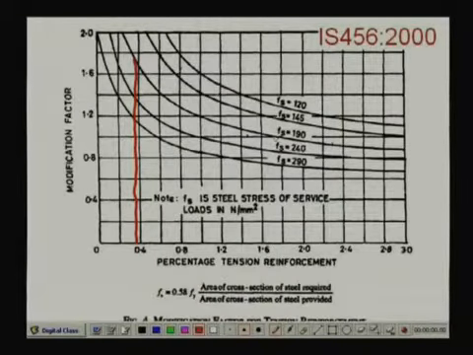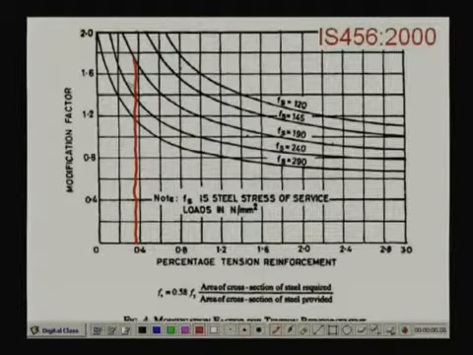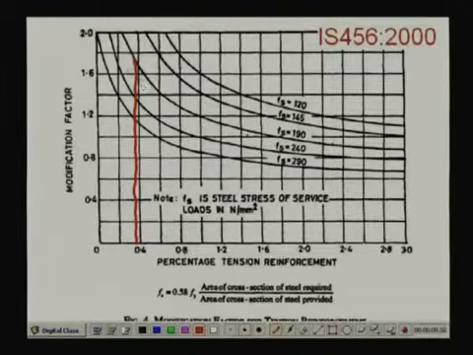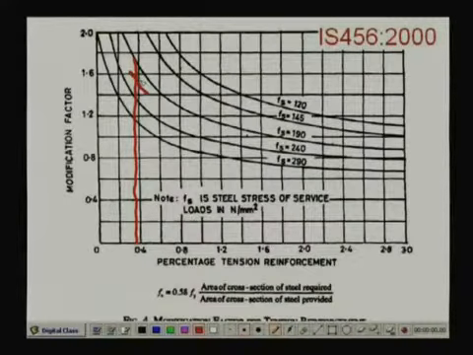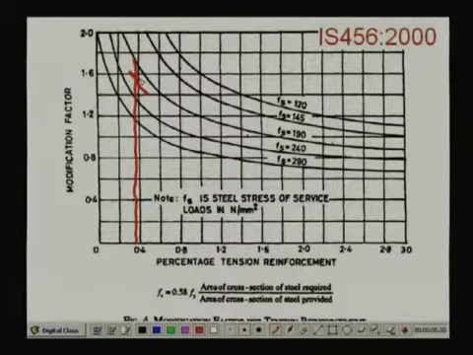So anyway, our case will be somewhere here, almost in the middle zone. The value that I have computed here is 1.55, because it is 1.4, so I have taken 1.55.